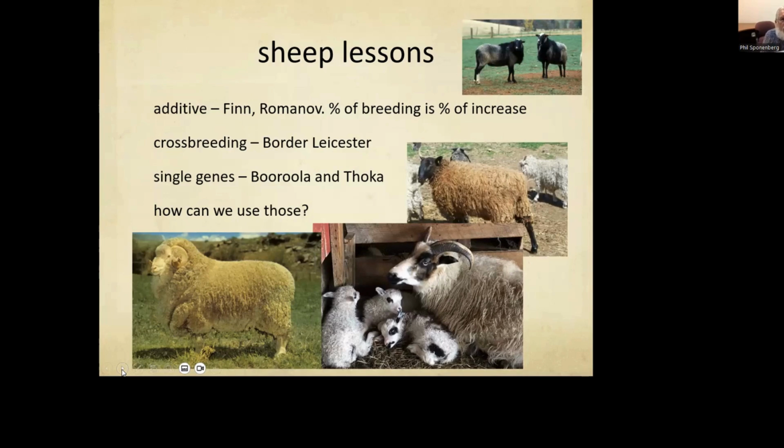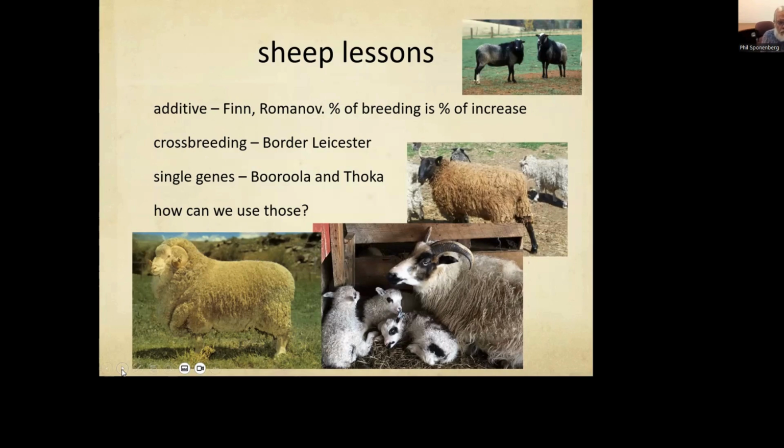So it's additive, it's easy to play with, it works quite well. Now the Border Leicesters, the second photograph there, are a little bit unusual because they have a genetic mechanism that crossbreeding brings out, so that half Border Leicesters actually have quite a bit of extra lambs than you would expect. It's a genetic mechanism that just responds to crossbreeding quite well.